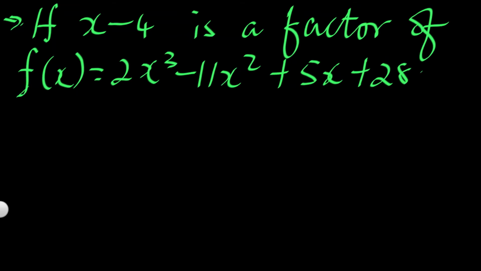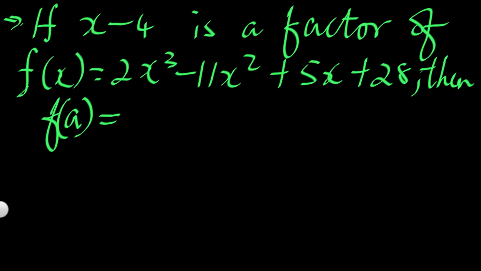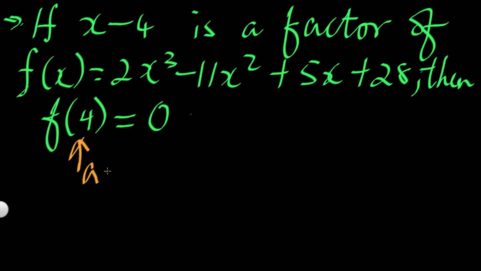If x minus 4 is a factor of that, then f of a, let me write this as f of 4, should be equal to 0.